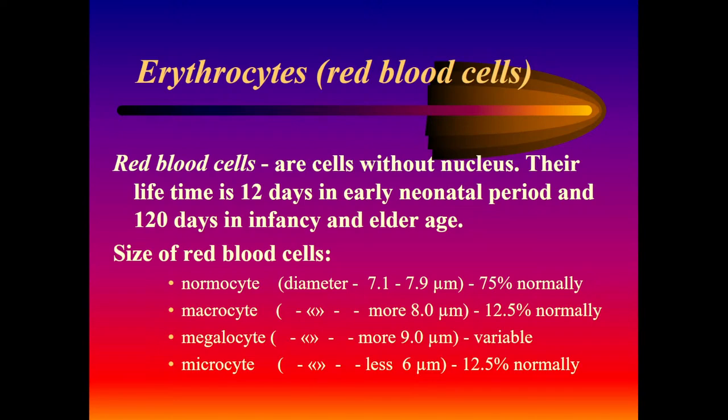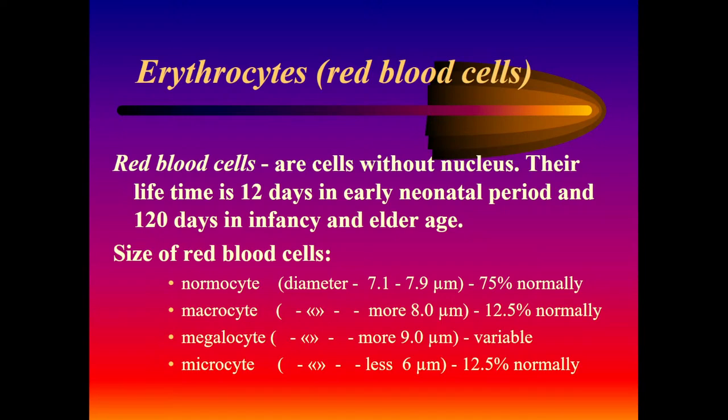Normal size, nearly 75% of all red blood cells, has a diameter between 7.1 and 7.8 micrometers. Macrocytes have an increased diameter of more than 8.0 micrometers, nearly 12.5% normally.